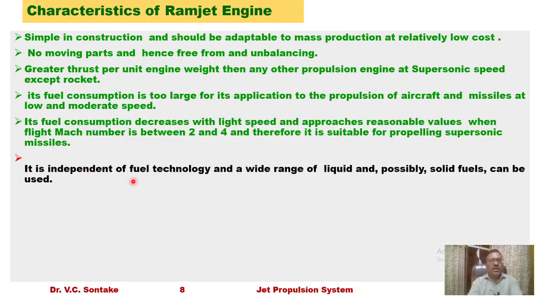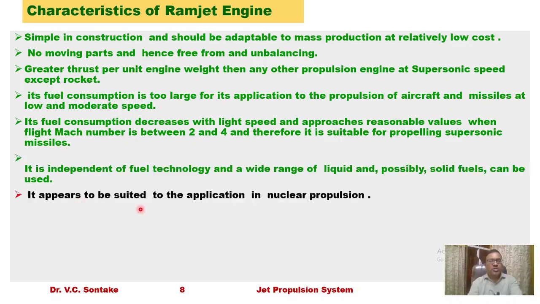It is independent of fuel technology, and a wide range of liquid and possibly solid fuels can be used in the ramjet engine. It appears to be suited to application in nuclear propulsion.